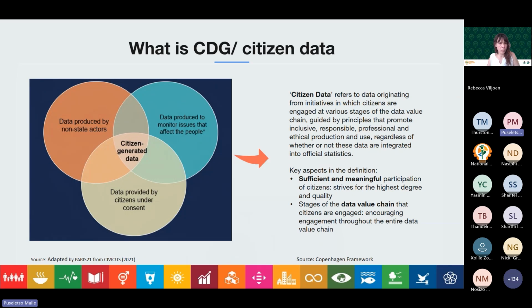It's guided by principles that promote inclusive, responsible, professional, and ethical production and use, regardless of whether or not these data are integrated into official statistics. Key aspects of the new definition are sufficient and meaningful participation of citizens in the stages of the data value chain that citizens are engaged in. It encourages engagement throughout the entire data value chain.